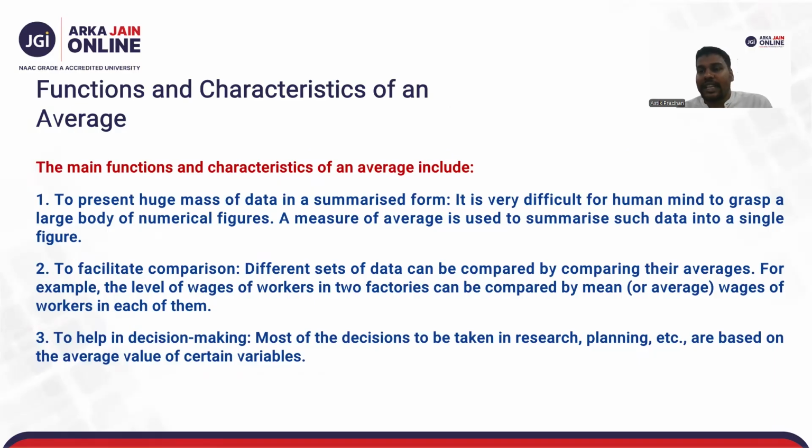Now, two data sets are there. How can you compare two different data sets with each other? For that purpose, average can play a very vital role. Based on the average value, we can compare the data sets with each other. So different sets of data can be compared by comparing their averages.